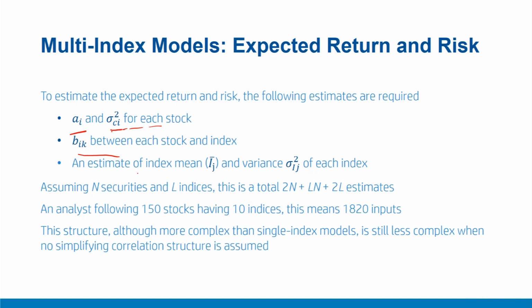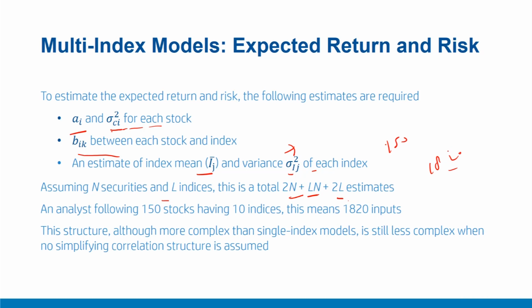And finally an estimate of Ij bar, which is the mean of the index, and variance sigma Ij square, which is the variance of index Ij for each index. Assuming there are n securities and L indices, that results in a total of 2n plus Ln plus 2L estimates. For example, as an analyst, if you're following, let's say 150 stocks and 10 indices, then this means 1820 inputs.